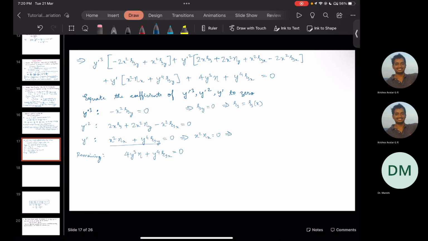And similar to the argument that we used while solving the previous equation, x squared xi y is equal to 0, even in this case, for arbitrary x, when this expression is 0, this simply means that eta x has to be 0. And the conclusion is that eta is a function of y only. Fine.